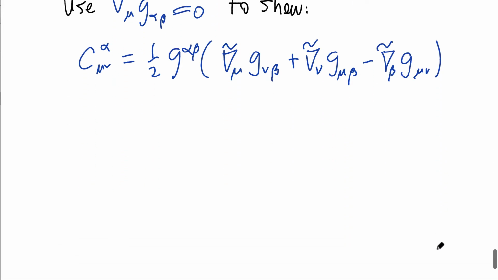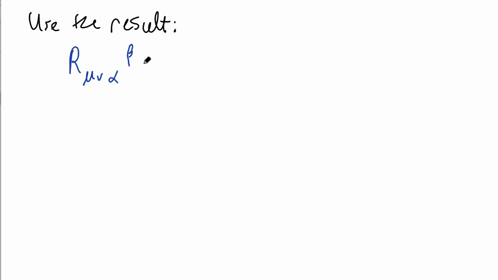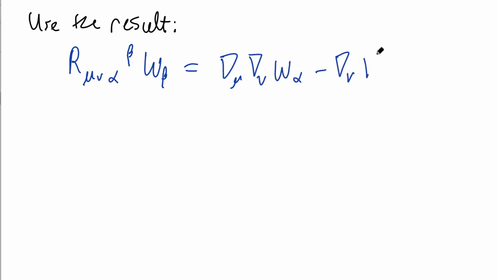And now we use the following result for the Riemann tensor. R mu nu alpha upper beta wired together with a covector W sub beta is equal to del mu del nu W alpha minus del nu del mu W alpha.